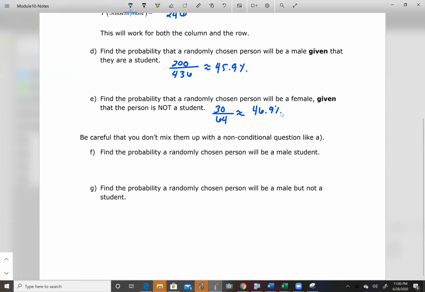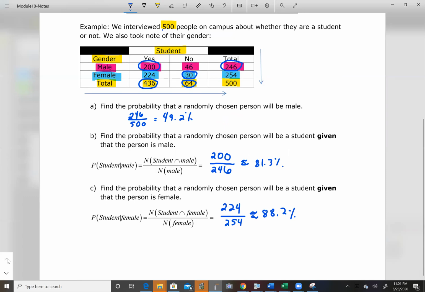Okay, we already did that one. And F, find the probability that a randomly chosen... oh, is F the same as A? Let's just do it to be safe. Find the probability that a randomly chosen person will be a male student. There were 200 male students. So that would be 200 out of the total number, which is 500.